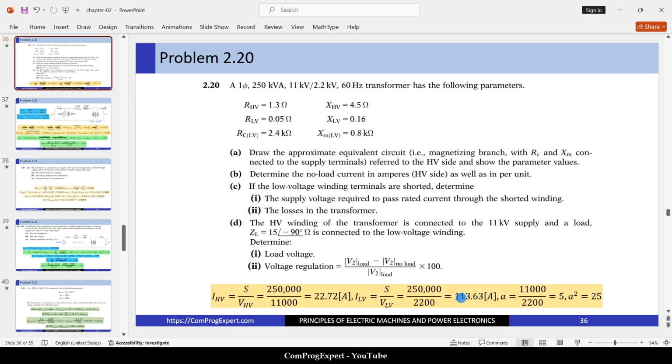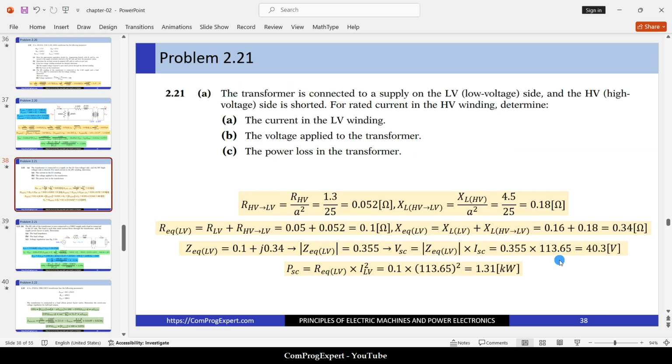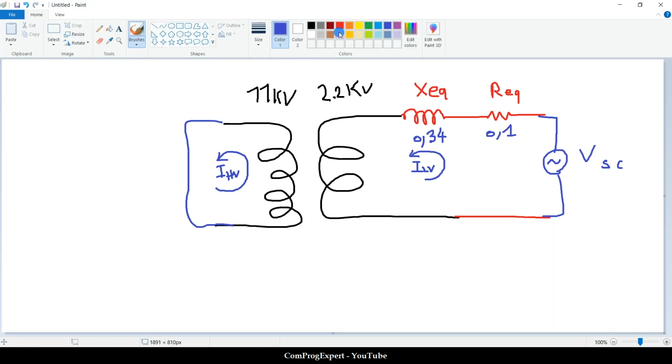We did the calculation here, 113.6. So here if you replace the numbers, the value of the short circuit voltage is equal to 40.3 volts. So this is the value of the short circuit voltage.